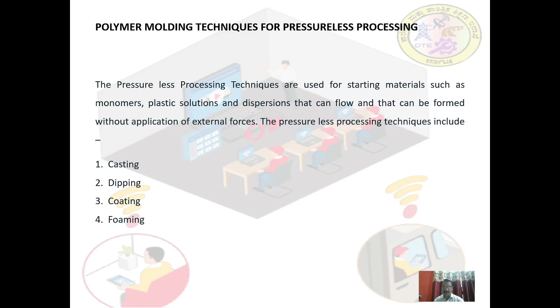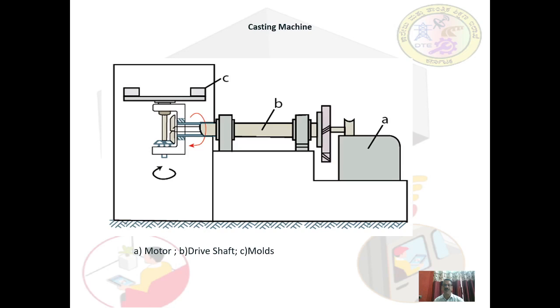You can see the machine used for rotational casting. The mold is rotated about two perpendicular axes. Here it is actually the mold, and it is a drive shaft, and it is a motor.